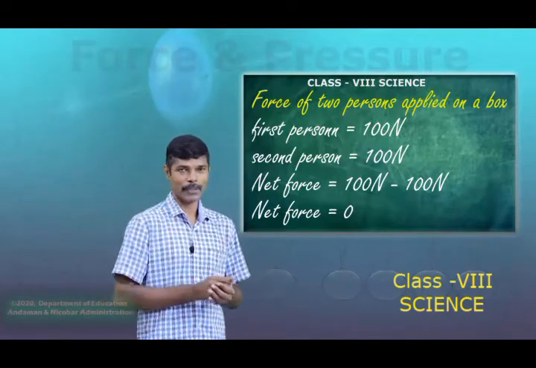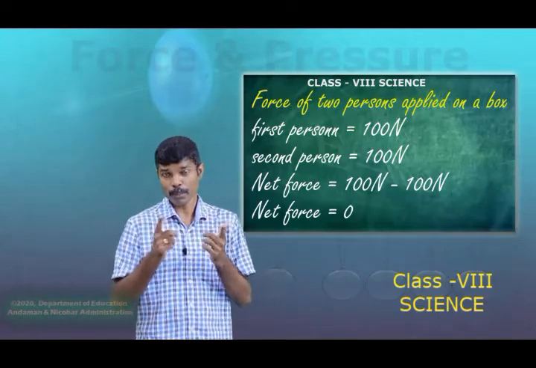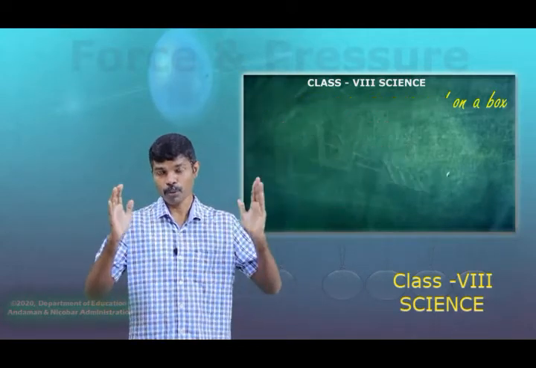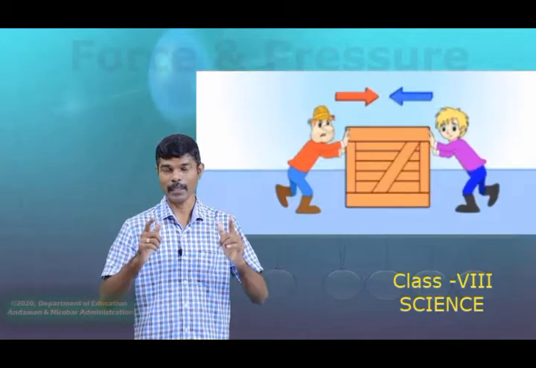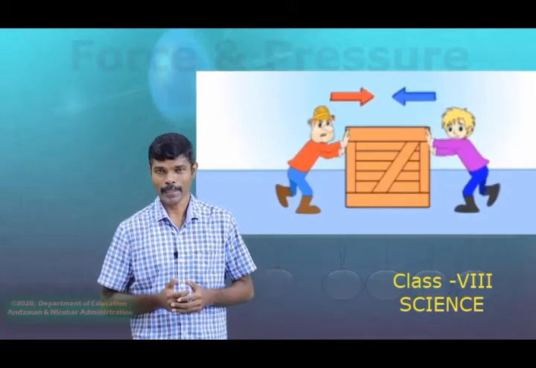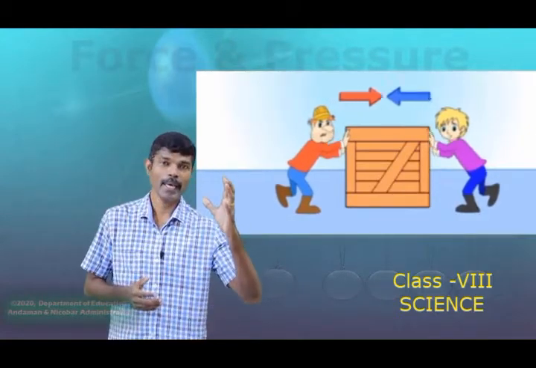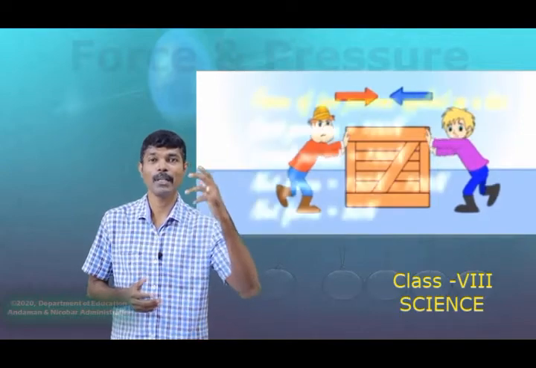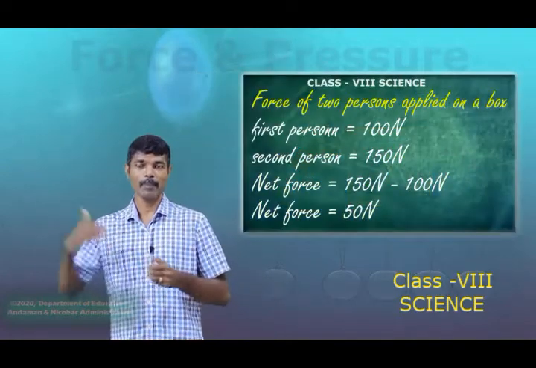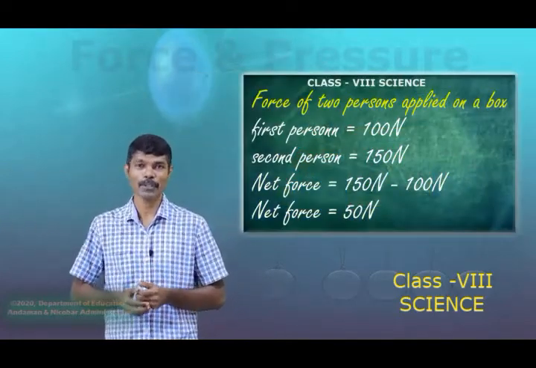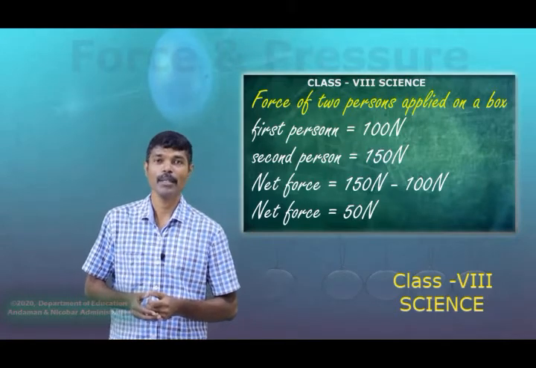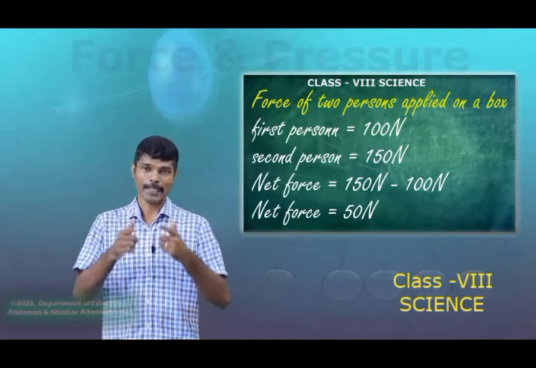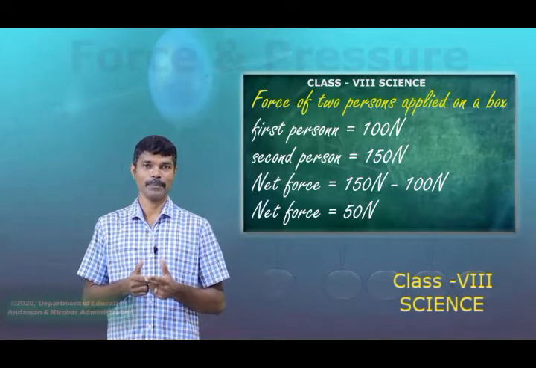Now the third case. Two persons are pushing the box in opposite directions. For example, person A is pushing the box with 100 Newton and person B is applying a force of 150 Newton. As a result, what happens?